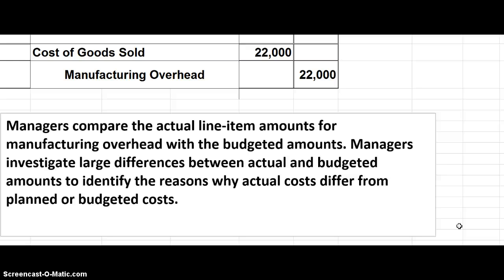But if our planning is really off, we have to find the roots of those problems. Because if we're bad planners, we're going to be bad managers. So we're going to want to figure out why we have those big differences between what we planned and what actually happened, and then correct them.